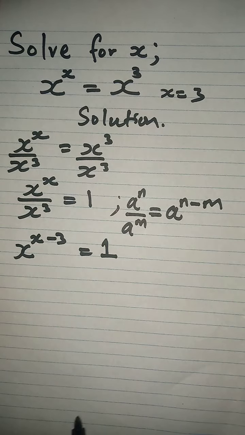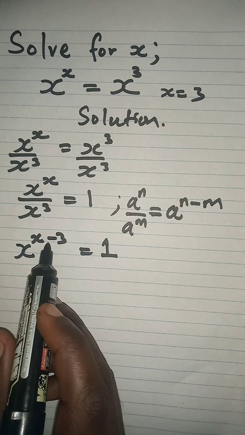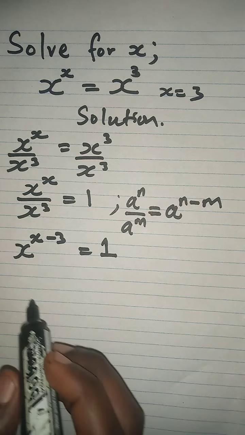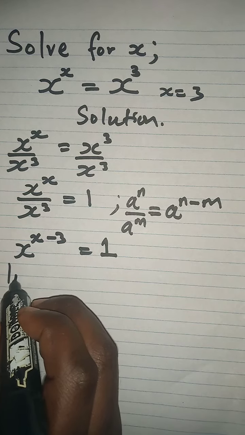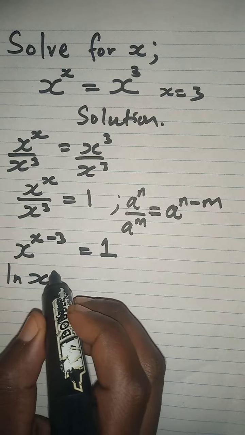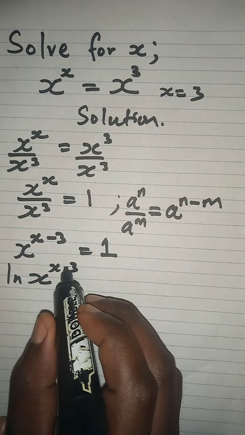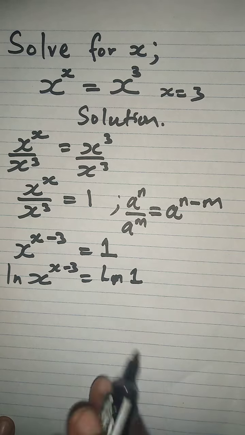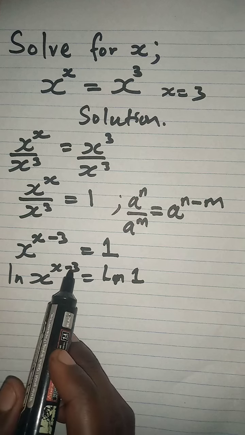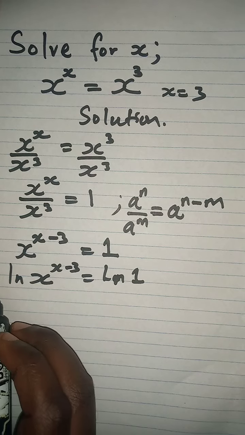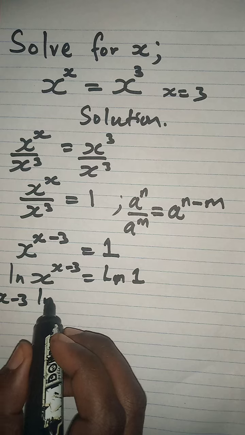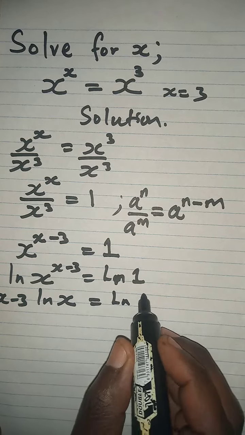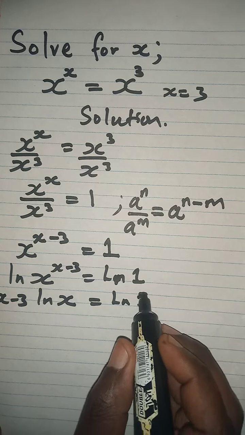Since I have x raised to x minus 3, to solve it further I'm going to introduce the natural log on both sides, so that the natural log of x raised to x minus 3 is equal to the natural log of 1. The x minus 3 comes down, so x minus 3 times the natural log of x is equal to the natural log of 1.